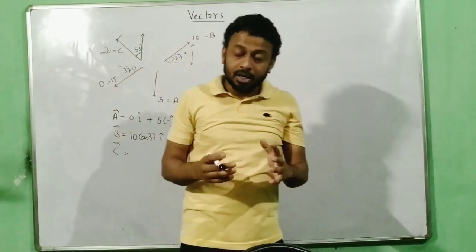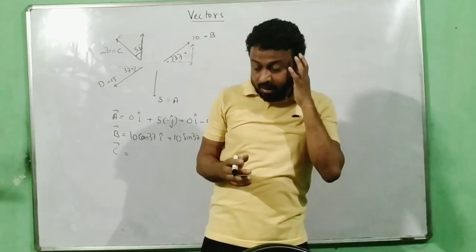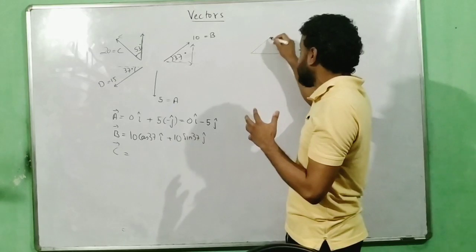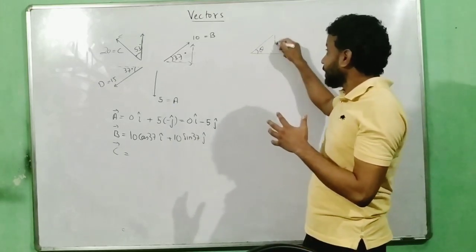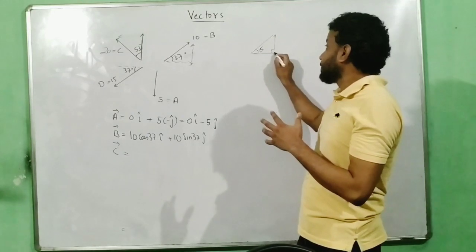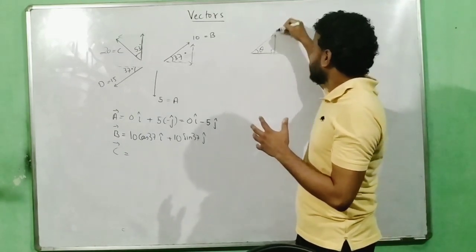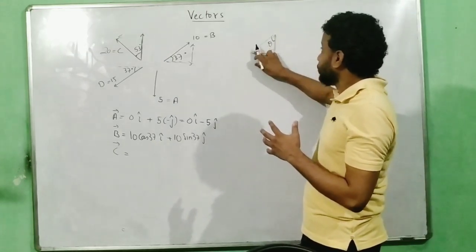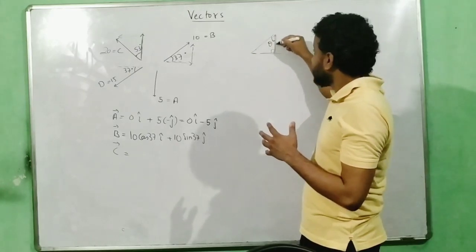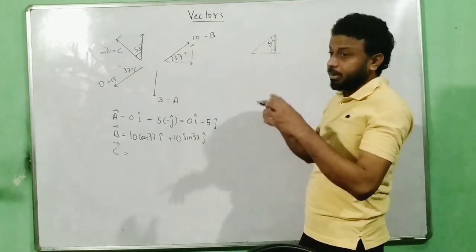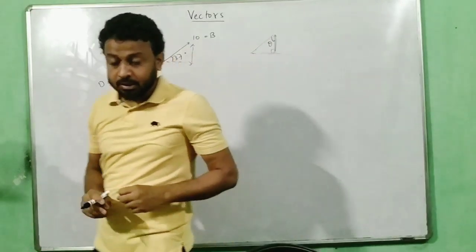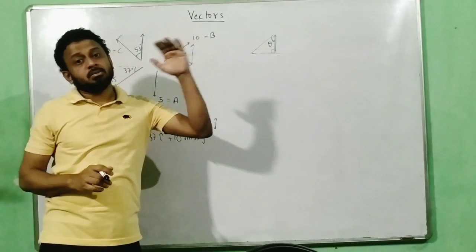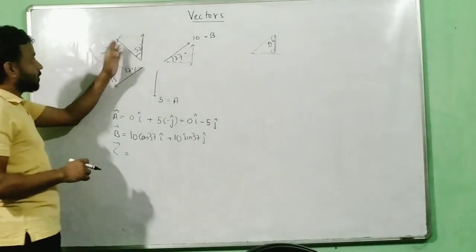If I change this angle to this angle theta, then this becomes the hypotenuse, this becomes the base and this becomes the perpendicular. So depending upon where the angle is situated, your base and perpendicular change. The line with which the angle is made is the base component. Obviously this is the hypotenuse.